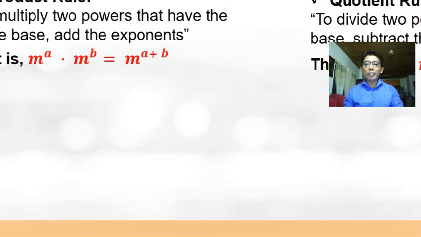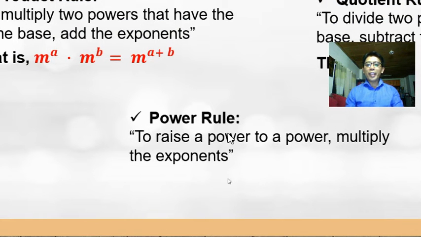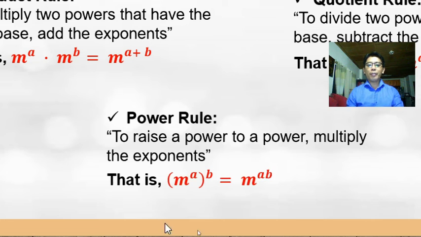To continue, the power rule. To raise a power to a power, multiply the exponents. That is, if m is raised to the power a, raised to another exponent which is b, that is equal to m to the power of a times b.